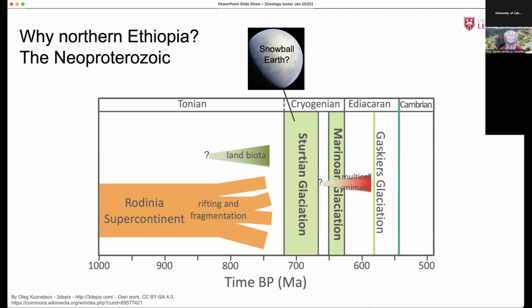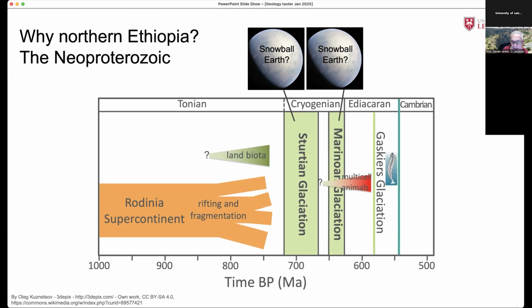Okay, and then we go back to the Marinoan at the top of the Cryogenian, another snowball Earth event, perhaps, and then we're into the Ediacaran period. We have a minor glaciation, a polar glaciation, in the Gaskiers, but at the end of the Ediacaran, we have developed this macroscopic Ediacaran fauna.